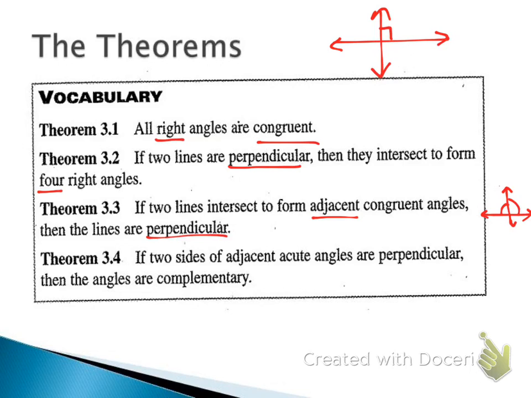Lastly, if two sides of adjacent acute angles are perpendicular, then the angles are complementary. So again, if you have perpendicular lines, it's a 90-degree angle. If it's split into two adjacent acute angles, those two angles still add up to be 90.